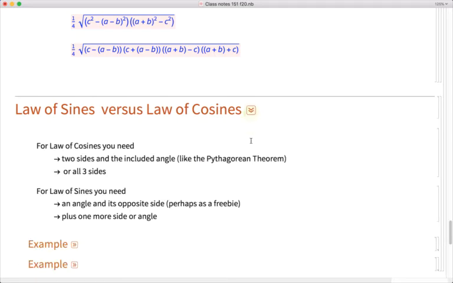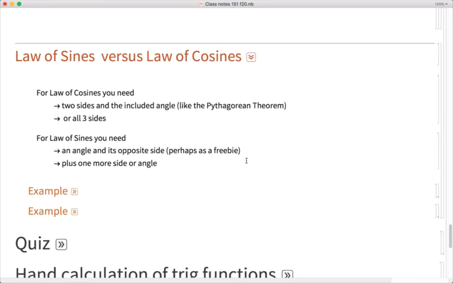All right, the last topic for the day then is simply, now that you know both of these, law of sines and law of cosines, how do you tell which one to use? And this is what I would put on a note card. I would say for law of cosines, you need two sides and the included angle. Kind of like the Pythagorean theorem is what you should be thinking about.